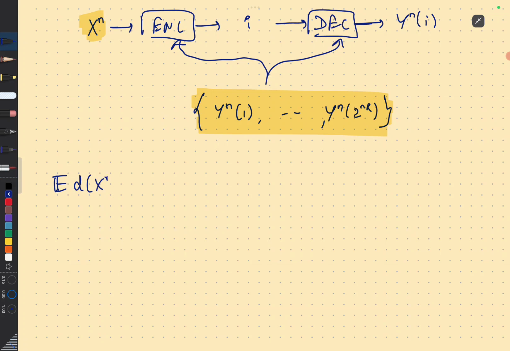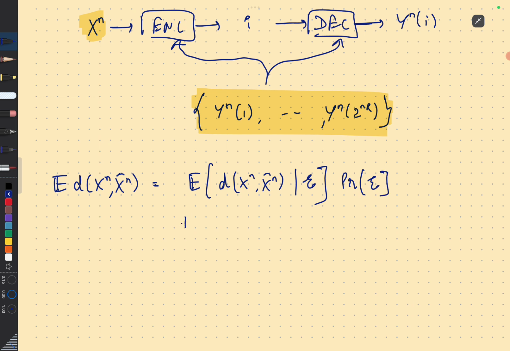So the expected distortion is equal to the expected distortion when this error event occurs times the probability that the error event occurs, plus the expected distortion when there is a jointly typical sequence in the code book times the probability that there is a jointly typical sequence in the code book.